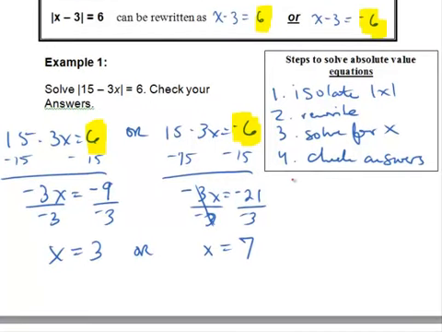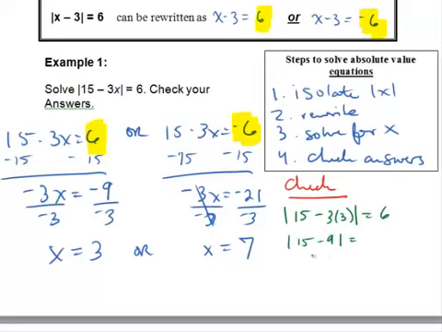Now we check. Using our absolute values here, check if we have 15 minus 3 times 3, does that equal 6? So this would be 15 minus 9. And 15 minus 9 would be positive 6. Absolute value of a positive number is still positive distance, so yes, 6 equals 6. Check.